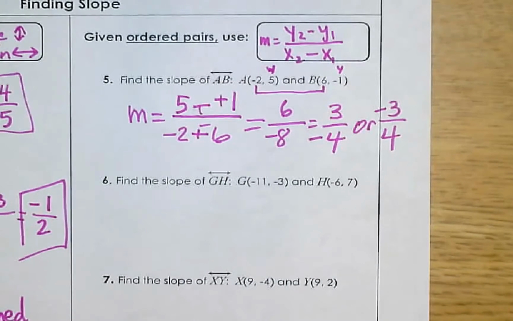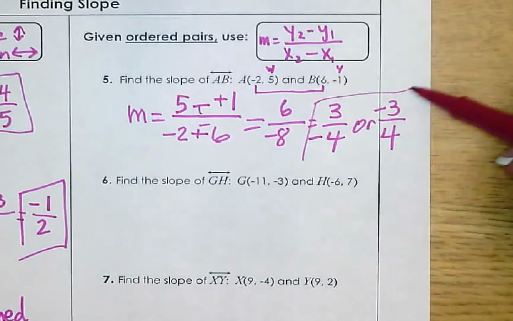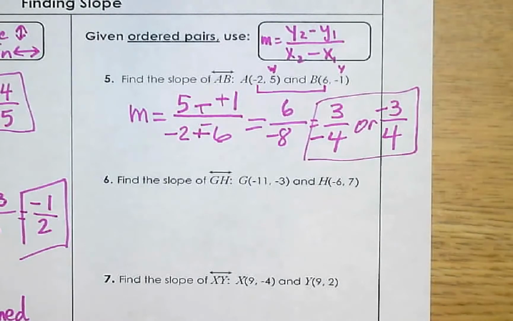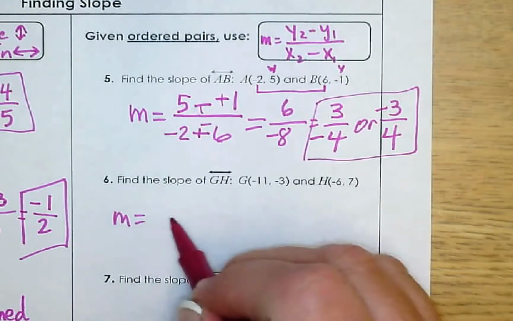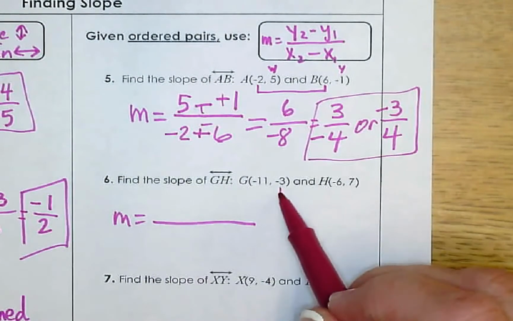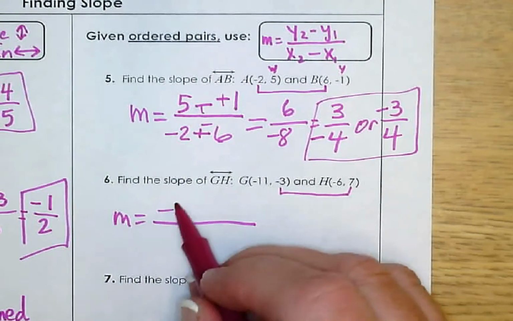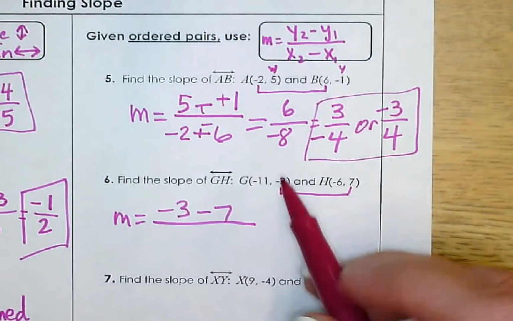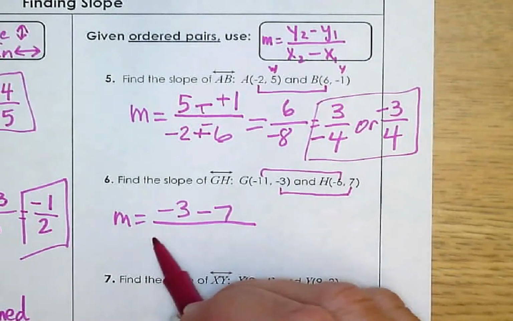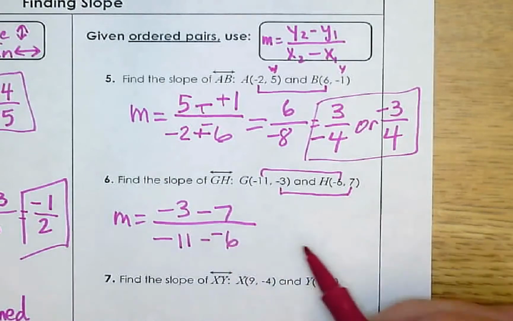So you know as we count out slope when we start to graph lines, that negative can be in the top or the bottom. Both will work. All right, let's go to the next one. Go a little faster now so we can get going. So the y's, I'm going to connect those. -3 minus 7. The x's, -11 minus -6.